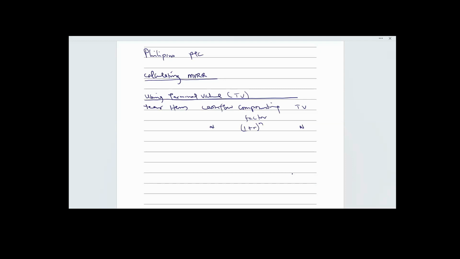For the compounding factor, I will go to the question. What is the cost of capital I'm supposed to use? The examiner said we should assume a reinvestment rate as cost of capital of 8%. Remember, you only calculate terminal value for positive cash flows. You don't calculate terminal value for negative cash flow.